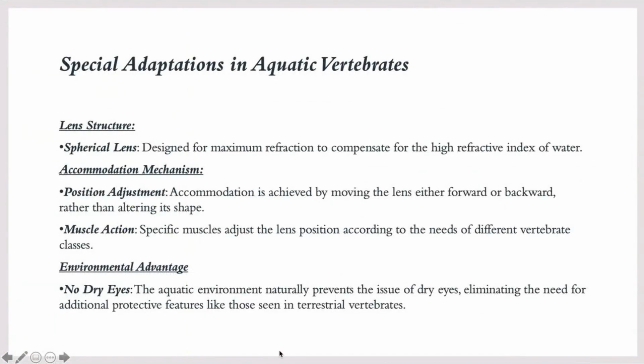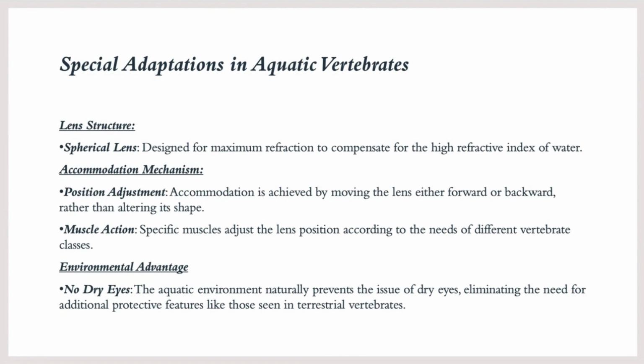And I don't mean tears in the sense of emotional tears, but tears in the sense of just the liquid, the fluids. These aquatic vertebrates don't need to produce these tears because they're living in an aquatic environment. Their eyes are constantly lubricated by the water around them.